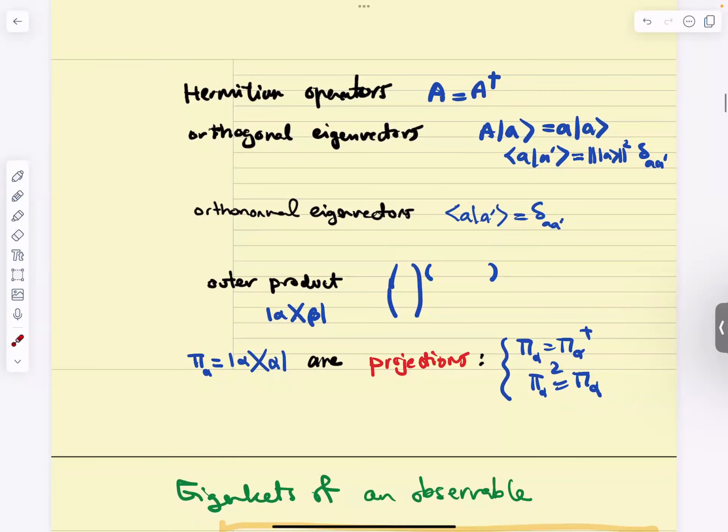Then if you make sure that every single eigenvector is normalized to have unit norm, you call such a basis orthonormal. It's an orthogonal basis if the vectors are pairwise orthogonal, and if on top of it every vector has unit norm, then we call it orthonormal.